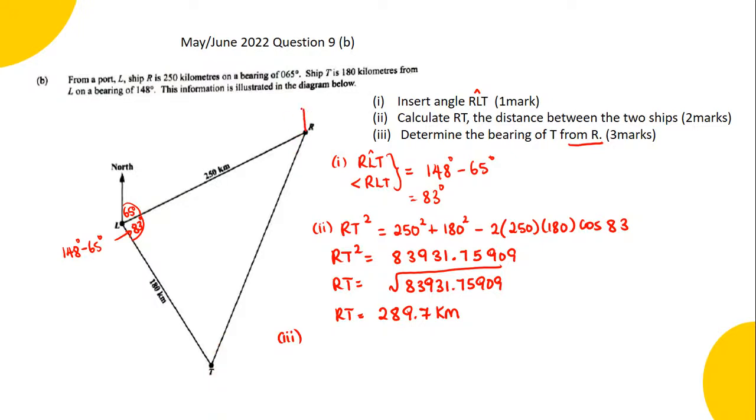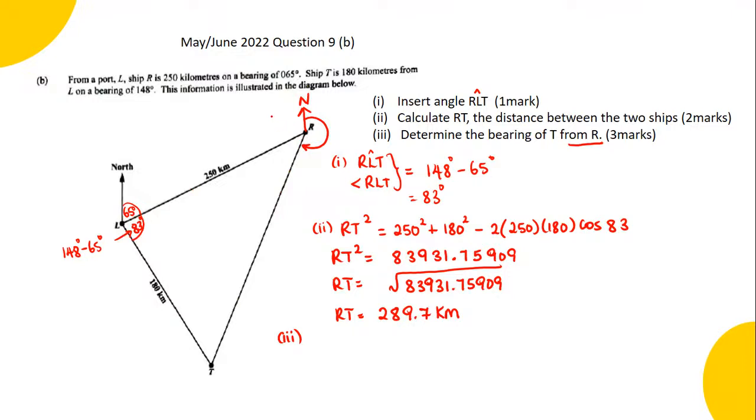So you have to draw your cardinal point, the North Pole. All right. So it's from R and we are going to T. So from the North Pole, you're going all the way to the line that says T. This is the line here that goes to T. So we want to find this angle. Okay, now we know that this angle here and this angle here add up to 180 degrees.